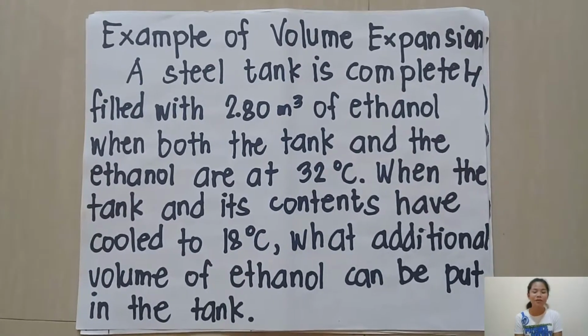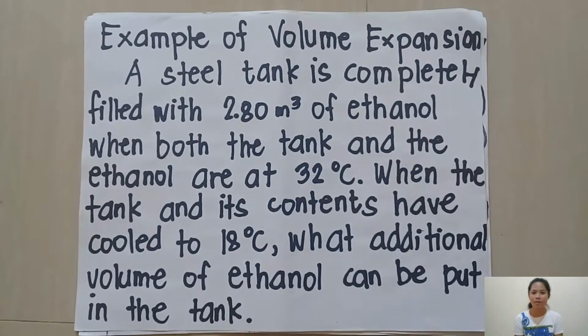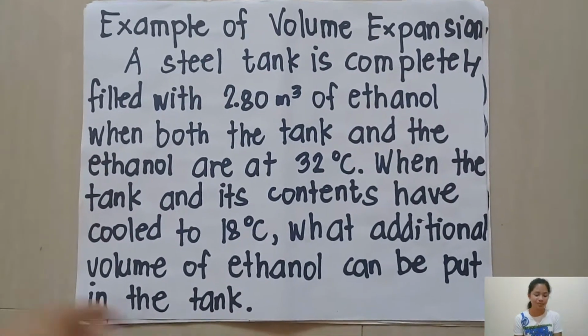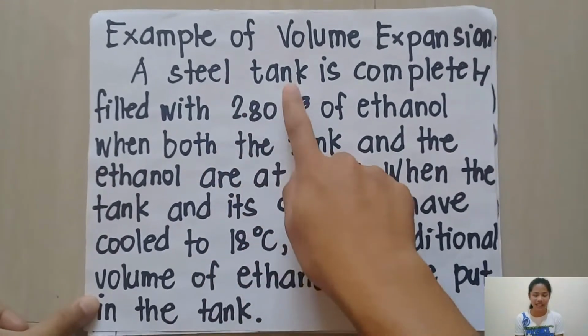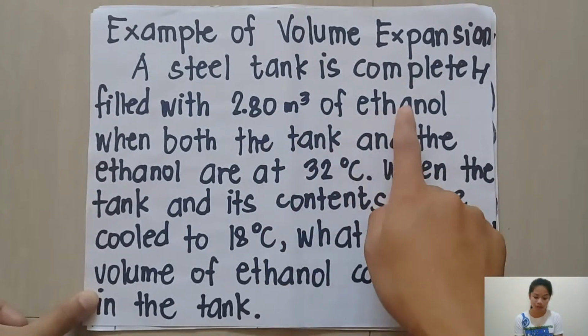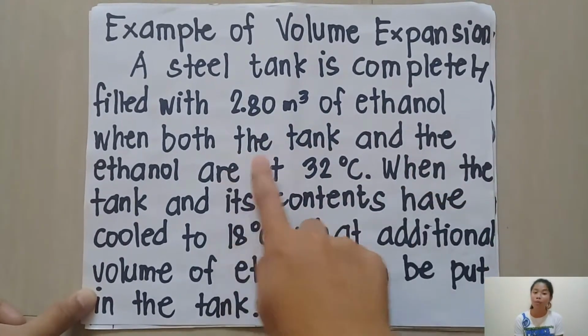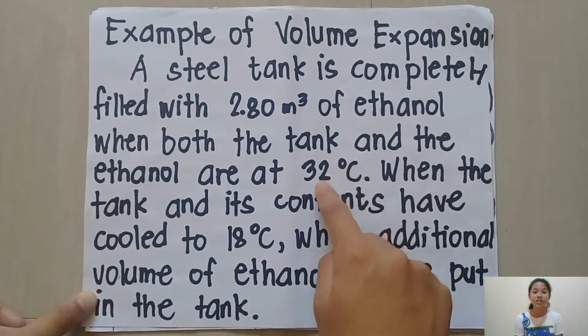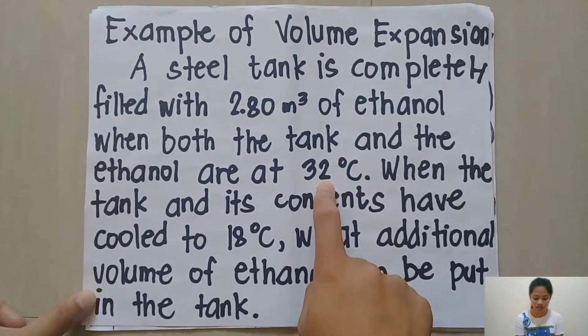Our last example is in volume expansion. And the problem goes like this. A steel tank is completely filled with 2.80 meter cube of ethanol when both the tank and the ethanol are at 32 degrees Celsius.